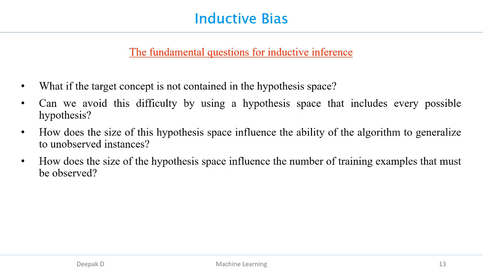Can we avoid this difficulty by using a hypothesis space that includes every possible hypothesis? Third, how does the size of the hypothesis space influence the ability of the algorithm to generalize to unobserved instances? And the fourth one is, how does the size of the hypothesis space influence the number of training examples that must be observed? We'll try to address these questions one by one.